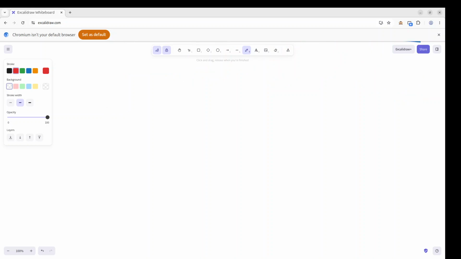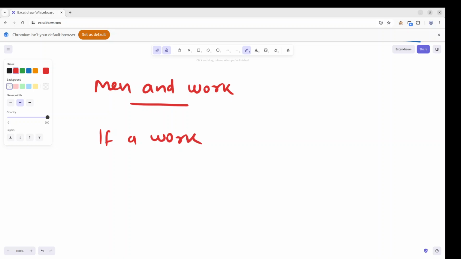So we are moving to the next concept. The next concept is men and work. If the work increases, then men also increase. Because if we have to do a lot of work, then we need a lot of men, right? That's the case.